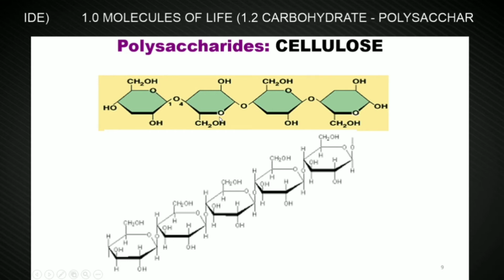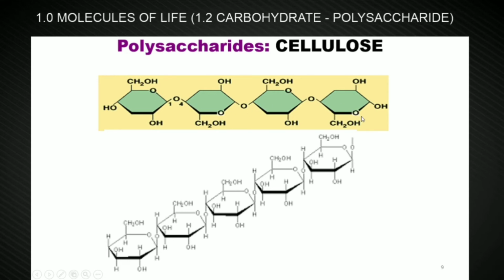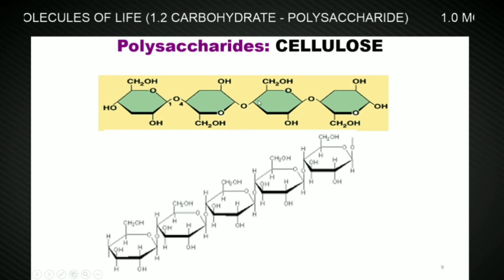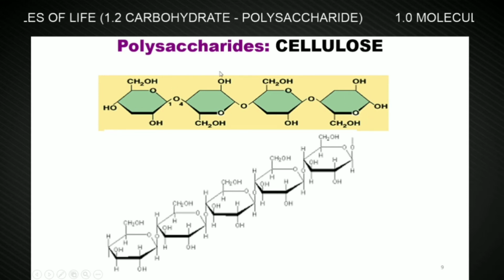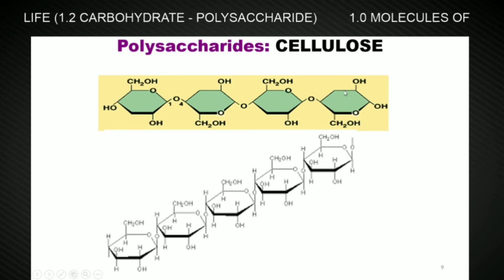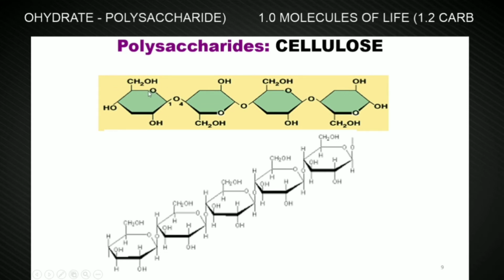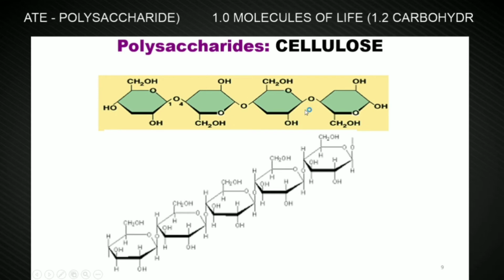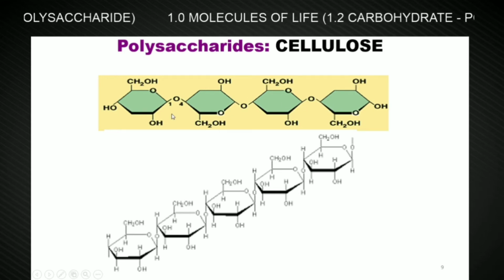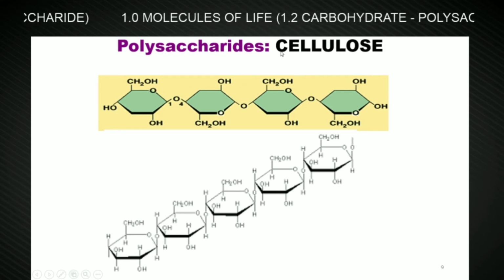Upside, downside, upside, downside. So, sentiasa berubah, bergilir-gilir, alternate. So, if you can see this, if the oxygen in the ring is flipped, this represents cellulose.